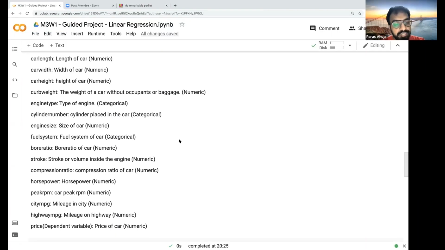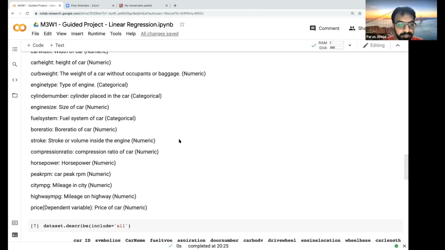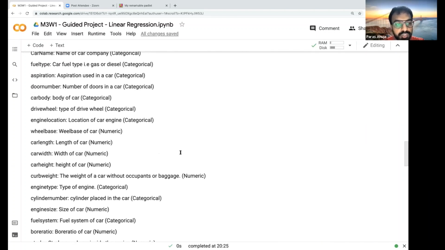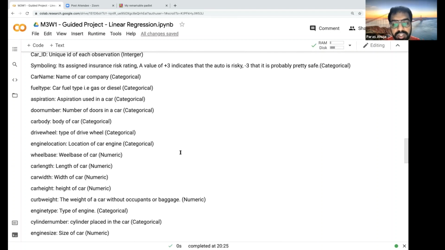So we have all these columns, and as most of you mentioned, price is our dependent variable, and there are 25 independent variables that we'll be working on, right? Can you tell me one variable out of all these that is outright rejected?